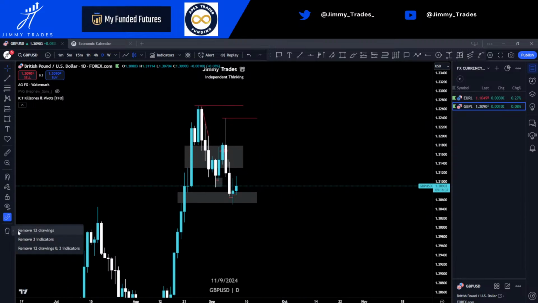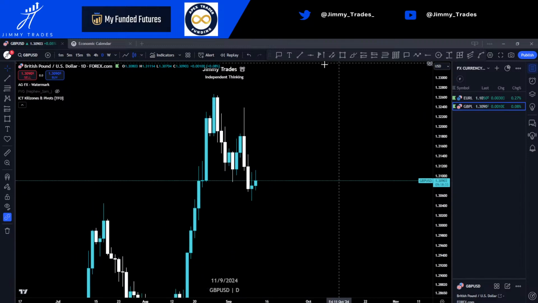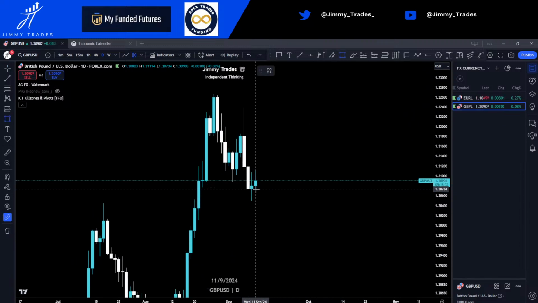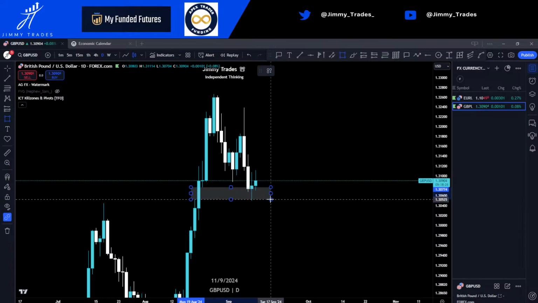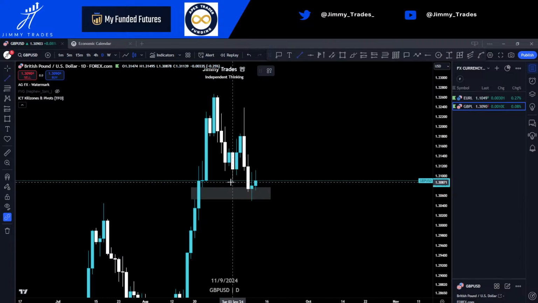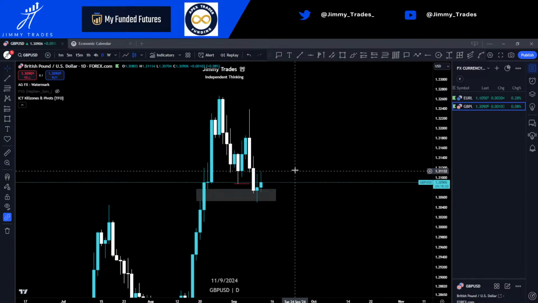GBP, let's clean that up a bit. So resting in this bullish FVG and located at a swing low.